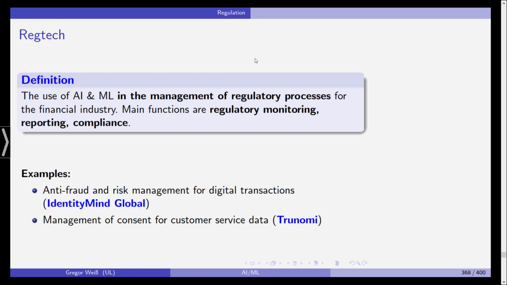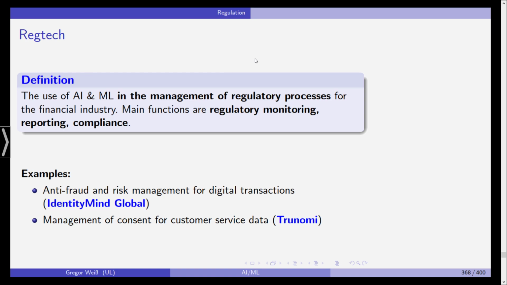So actually this is the case when banks, insurance companies, financial service providers use machine learning and artificial intelligence to speed up, to improve, to make more efficient their internal processes, to comply with regulatory filings, to comply with laws and regulations, and thus the main functions are regulatory monitoring, regulatory reporting, and regulatory compliance.